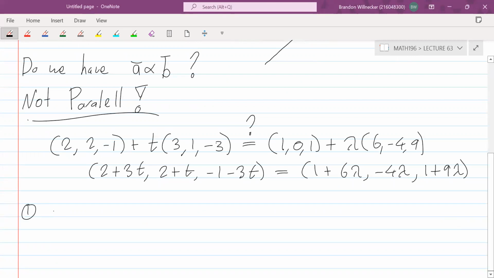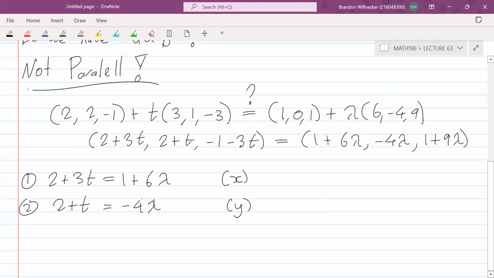So 2 plus 3t equals 1 plus 6 lambda, that's for x. 2 plus t equals -4 lambda, that's for y. And for z, -1 minus 3t equals 1 plus 9 lambda.